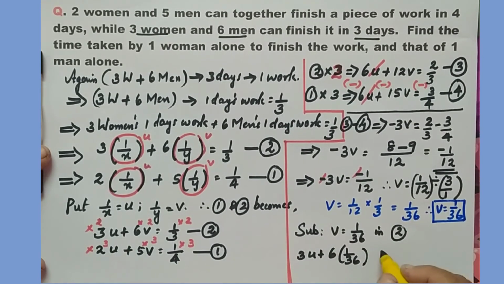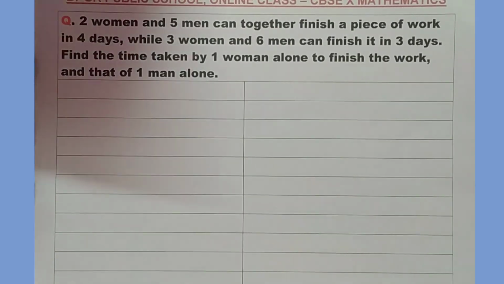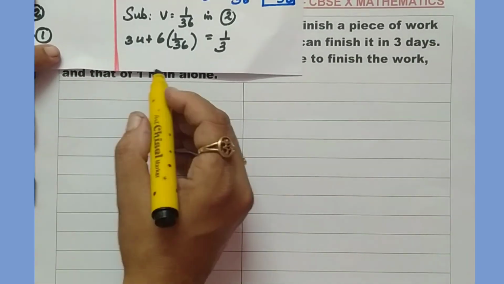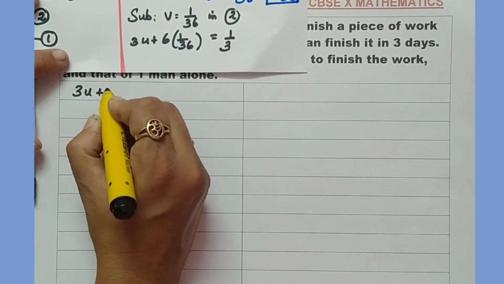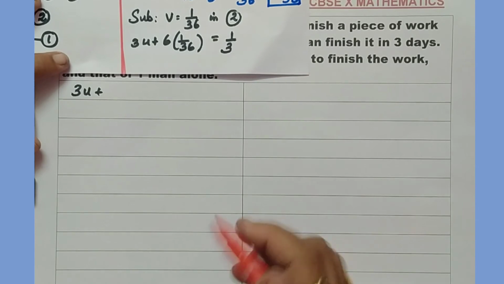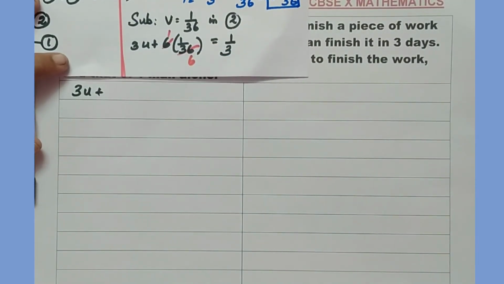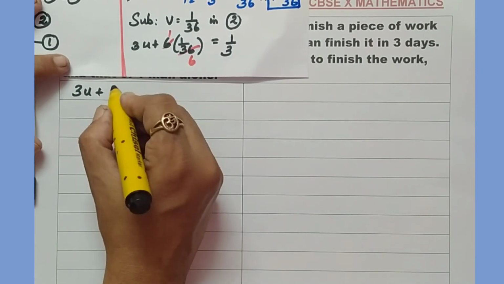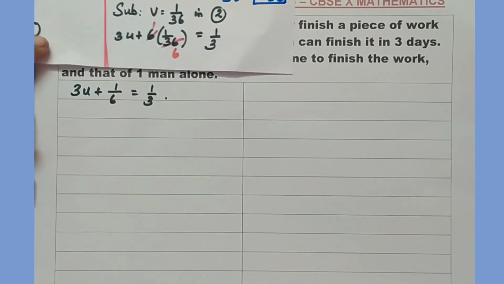Now I am going to write the last step again here as 3u plus 6 into 1 by 36. That you can cancel with the 6, you get 1 times 6. So 1 by 6, we get 3u plus 1 by 6 equals 1 by 3.